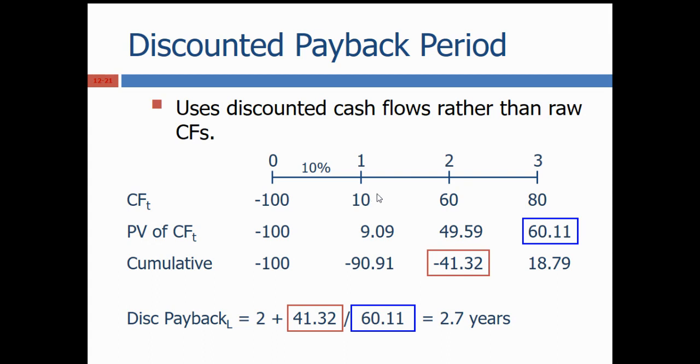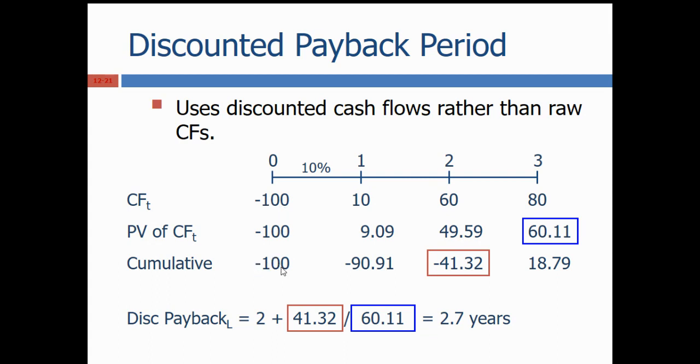This is the future value, the money you're going to receive in year one. This is the present value, how much it is worth today. As we calculated just now for NPV, 10 times the discount factor 0.909, you get 9.09, and so on. You use the same method, which is cumulative.